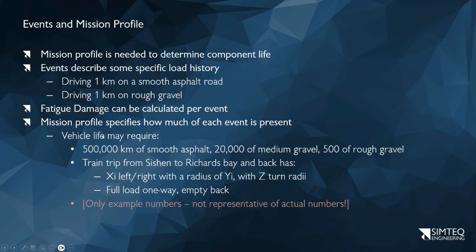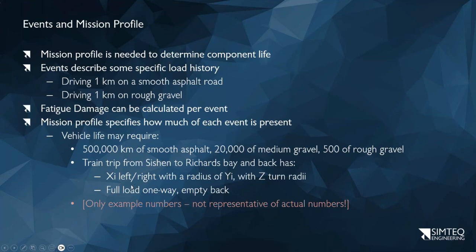So in this case, the mission profile can be a bit simpler, because the total for the design may have a specific behavior that says we need to do 1 million cycles, which is extreme, but 1 million trips from Richards Bay to Sishen and back. But we can also just say one complete trip, which is part of a series of separate events, we can combine into an event that's called the trip to Richards Bay and back.